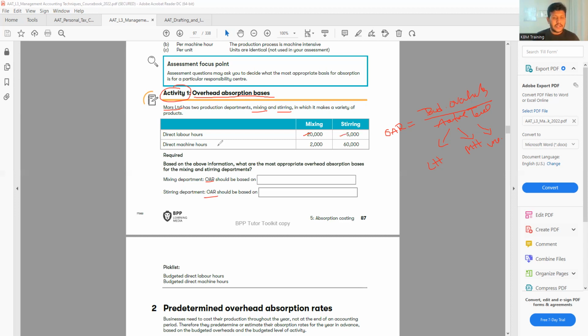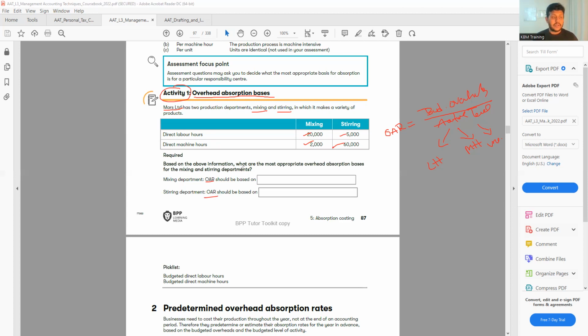Then you have direct machine hours: mixing department 2,000 and string department 60,000. Based on the above information, what are the most appropriate overhead absorption bases for the mixing and the string department?